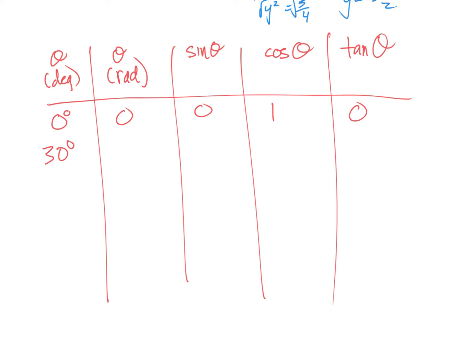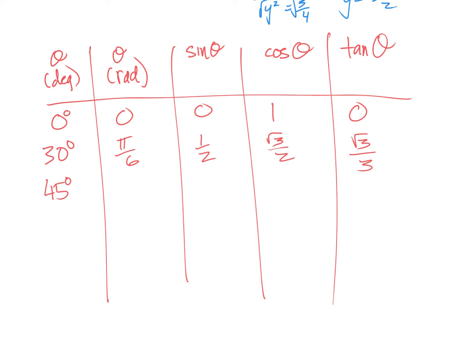At 30 degrees, or pi over 6 radians, sine is 1/2. Cosine would be adjacent. That would be root 3 over 2. And then tangent, we would end up with root 3 over 3. Okay, just using these triangles.